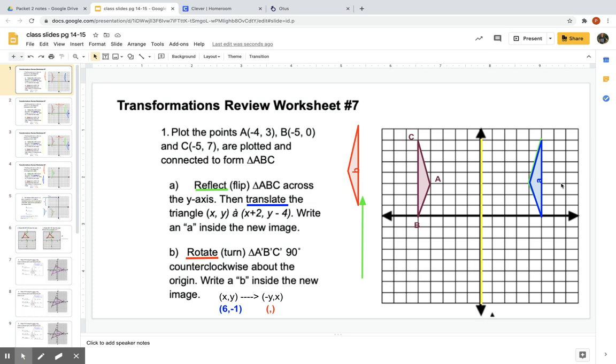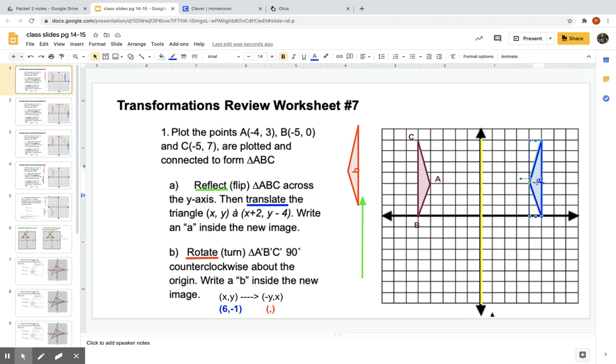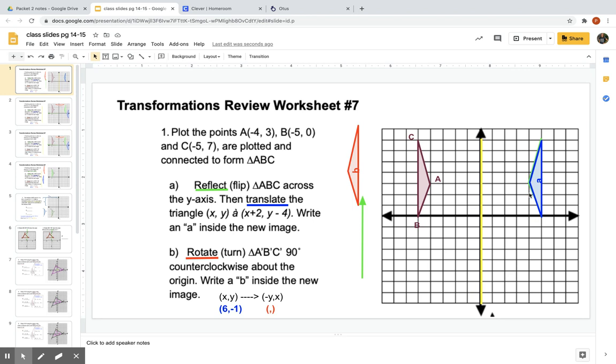X plus 2. My x value is what moves me right and left. It's positive, so I'm going to move right. I'm going to move right 2 units. One, 2.